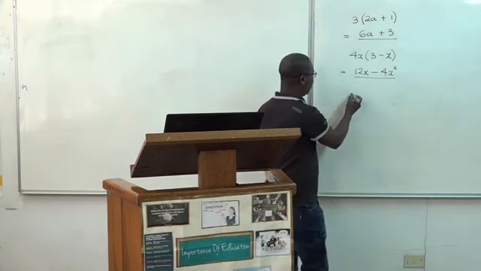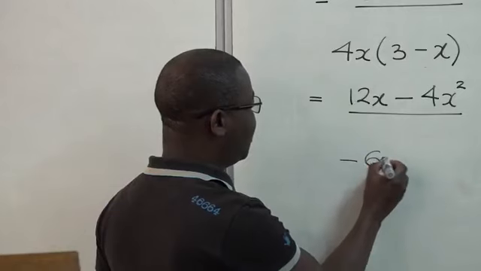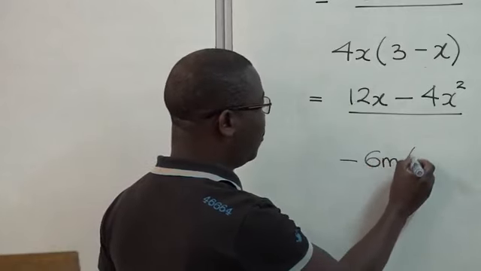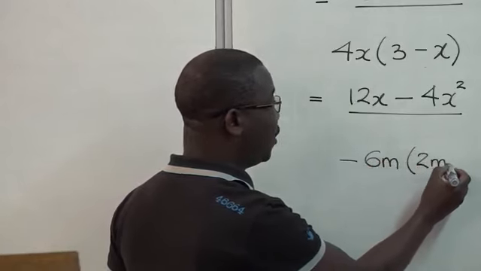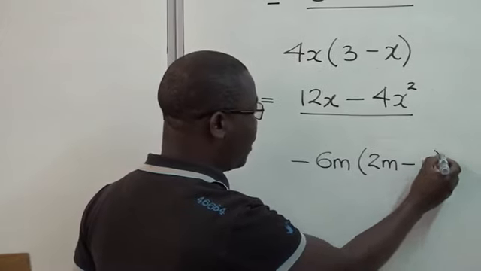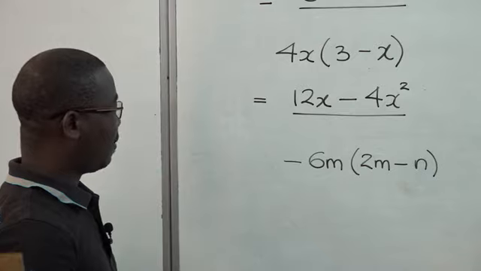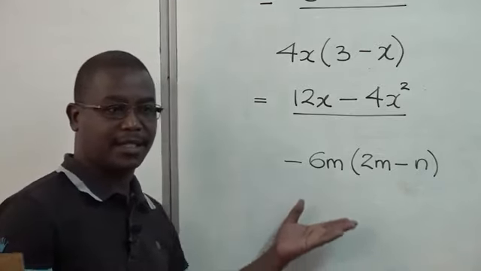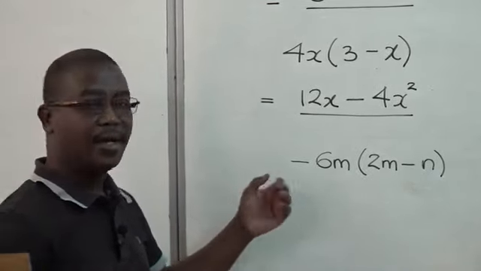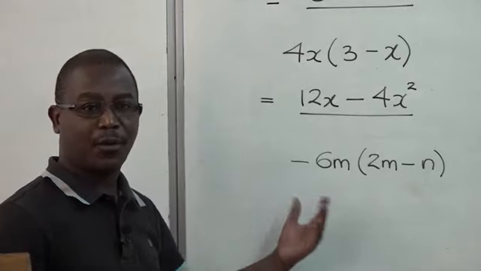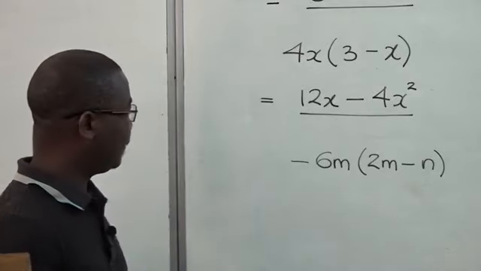question, we have minus 6m in brackets (2m - n). In this example, I'm very much concerned about the signs. This example gives us more practice with the signs.